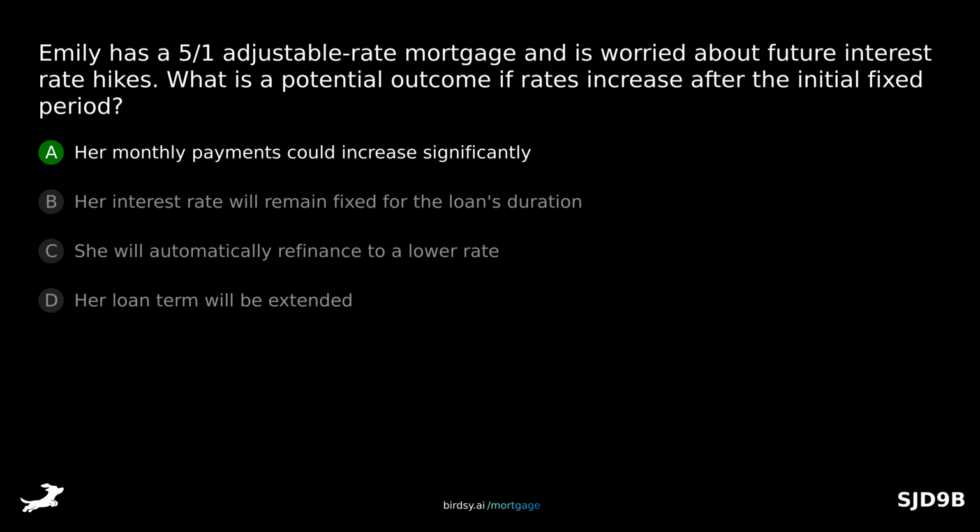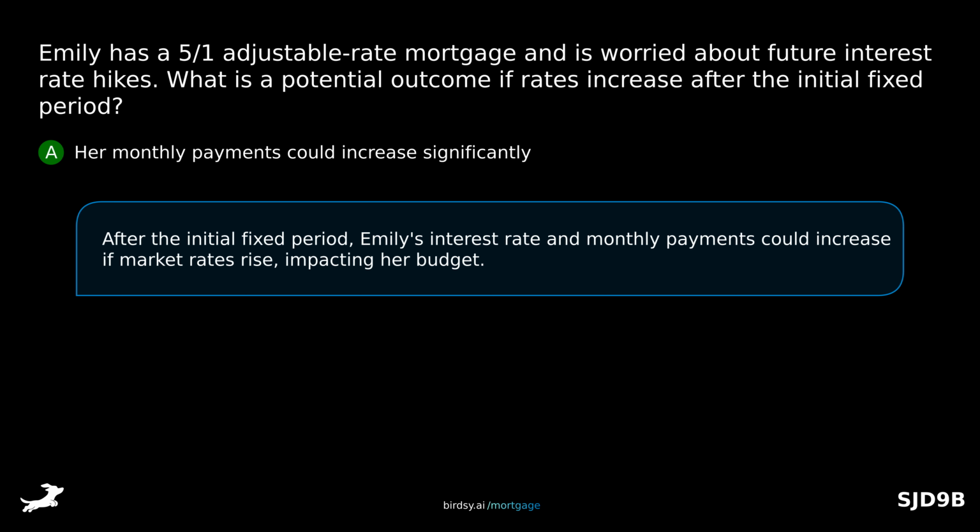The answer is A. Her monthly payments could increase significantly. After the initial fixed period, Emily's interest rate and monthly payments could increase if market rates rise, impacting her budget.